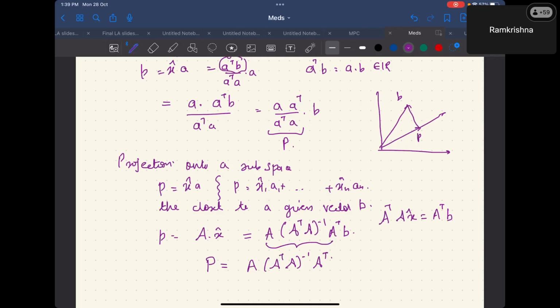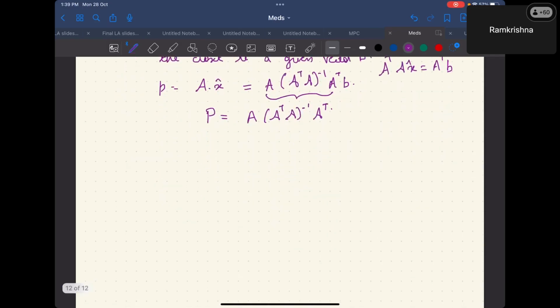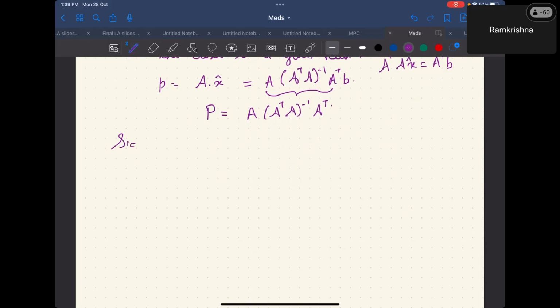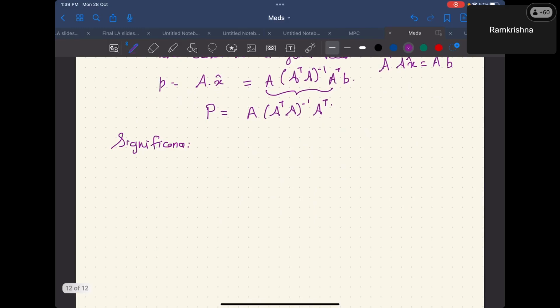Okay, and what was the significance of the projection vector? This was useful when we had more equations than unknowns, or when the system does not have a solution.